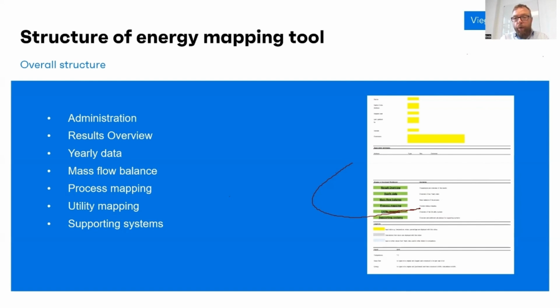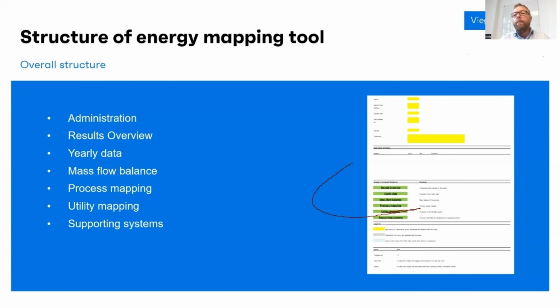Just before we go to the energy map, it's also important that the first time it's made, it's relatively time consuming to do it. But when you develop this energy map for the companies, keep in mind that when the energy map should be updated, it should be as easy and as fast as possible. So try to make the mapping as dynamic as possible.